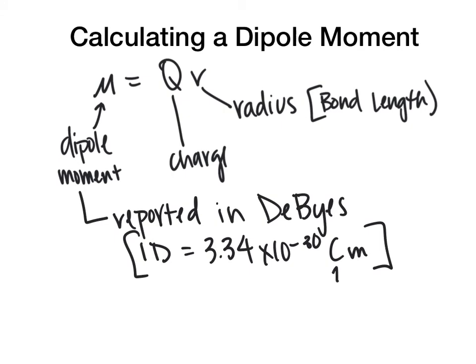So coulomb, C-O, meters, and coulomb is the unit of electron charge. And so this is basically going to allow us to take a very small value and turn it into a number like 1 or a dipole moment of 6 or something along that way.